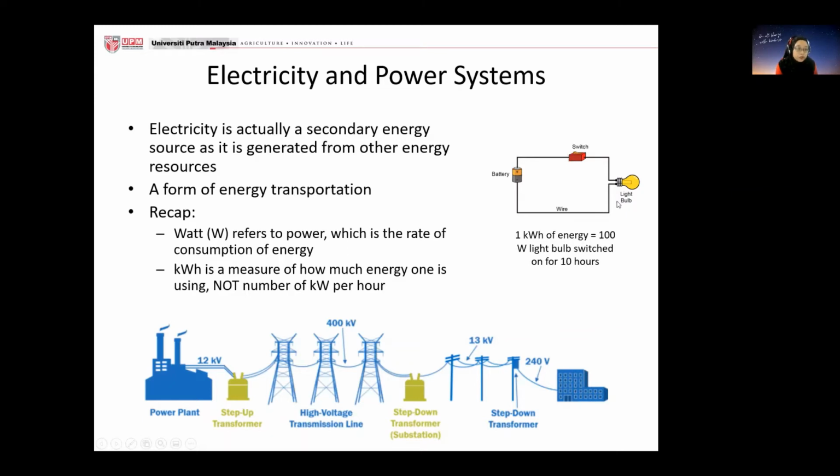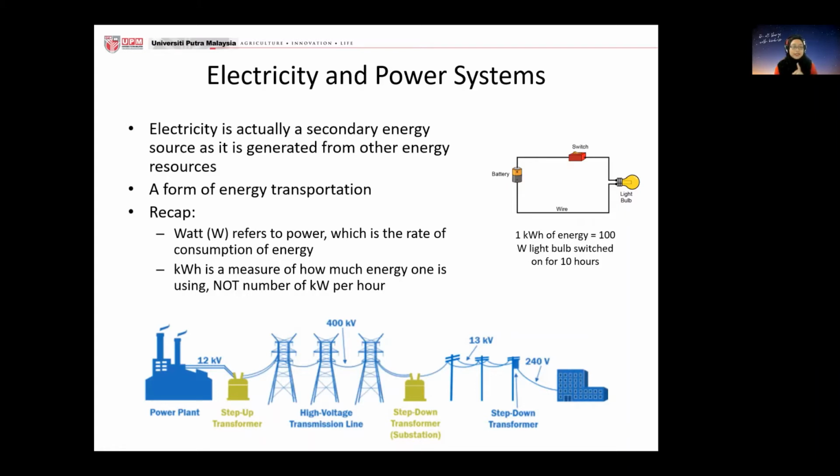rated at 100 watt, okay, if you want to use 1 kilowatt hour of energy, it means you have to turn the light on for 10 hours. Okay, because it's rated at 100 watt. Okay, and that is the amount of energy that is used.